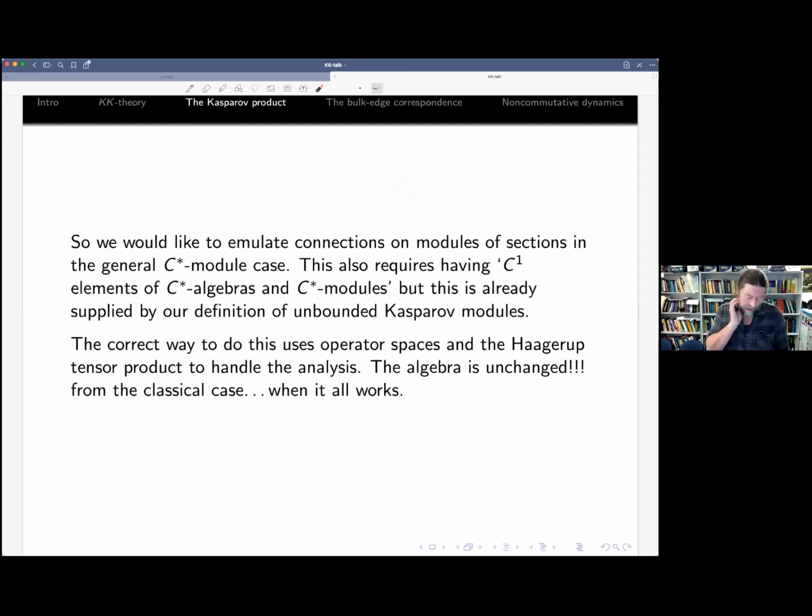Not exactly. Now, I'm going to skip the analysis because it gets quite hairy, but the way to make these conditions work more generally is using operator spaces and the Haagerup tensor product to handle the analysis. With that in place, then the algebra is more or less unchanged when it all works.